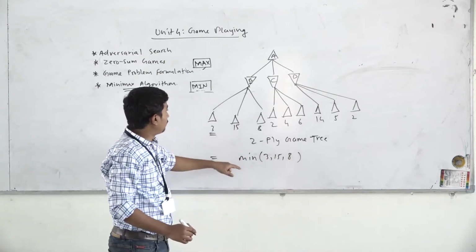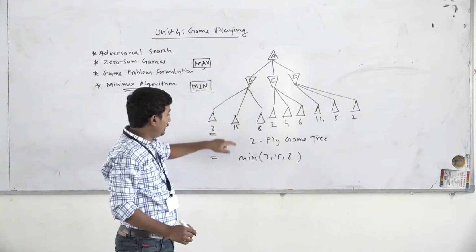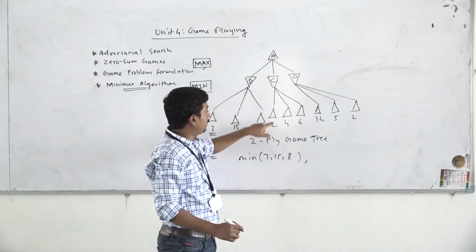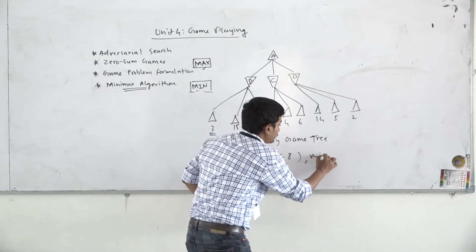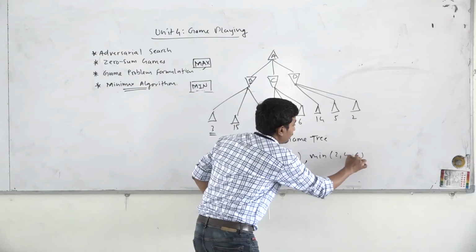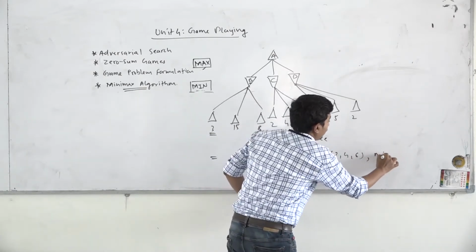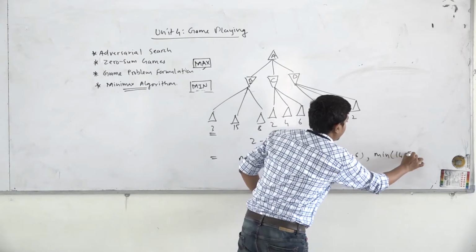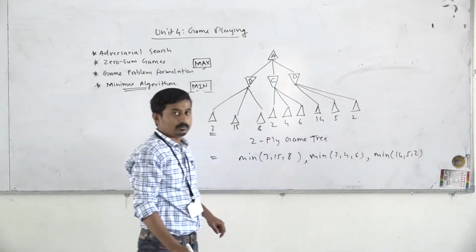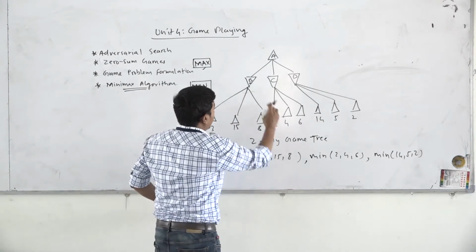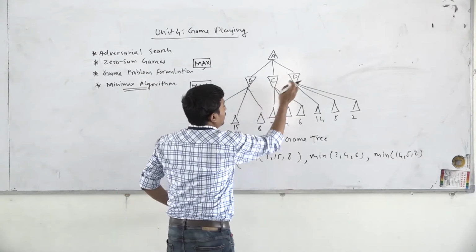So the minimax value of B will be the minimum of these. Similarly, the minimax value of C will be the minimum of 2, 4, 6, and the minimax value of D is the minimum of 14, 5 and 2. In this way we are obtaining the minimax values of these three nodes.